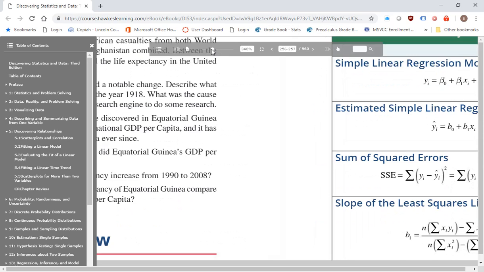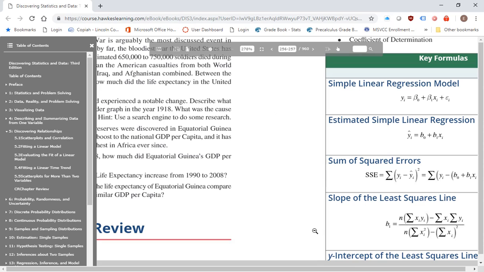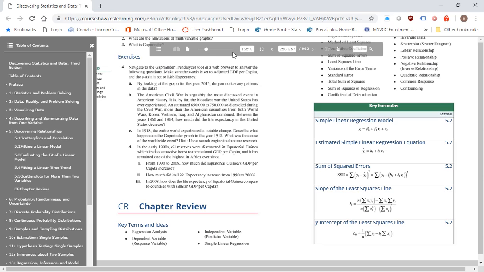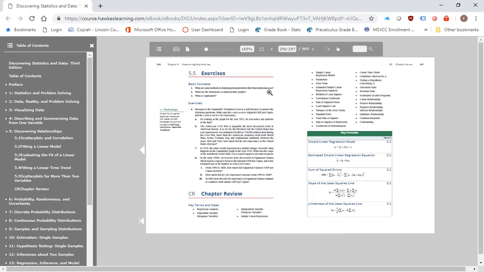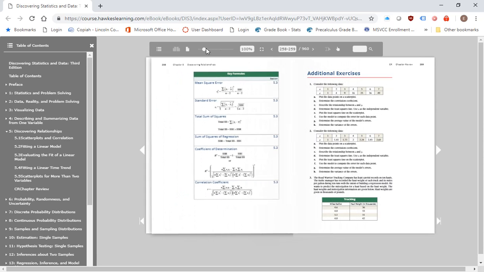So we have these key formulas over here. These are just the formulas that we've covered so far for the least squares line and all of that. See, there's the slope, that's beta 1. The sum of squared errors. To me, it makes more sense looking at tables, but the formulas will give you the same thing. See, that continues here.